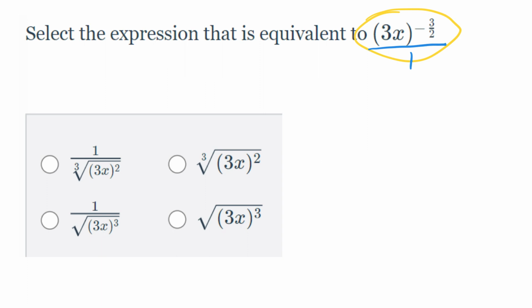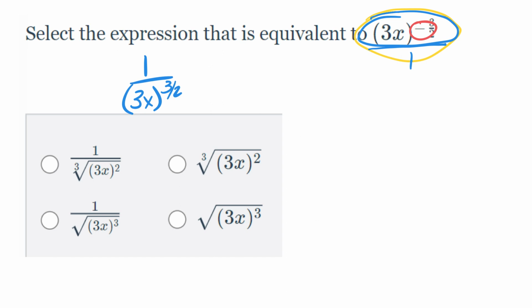So what we're going to do is take all of this value and move it to the denominator. We're going to go one step at a time, and move the 3x to the bottom and the 3/2 power to the bottom as well. Now when we do this, we get to drop that negative sign.